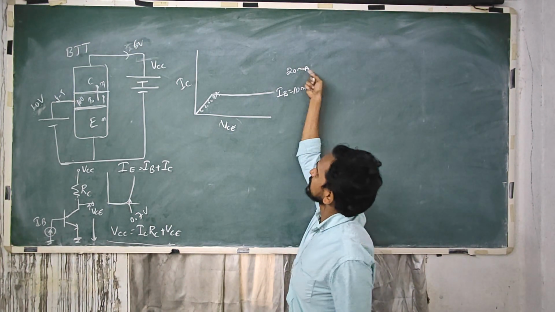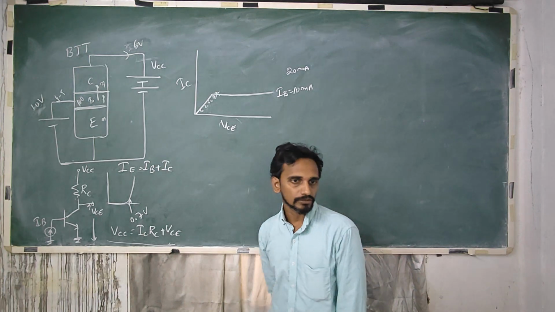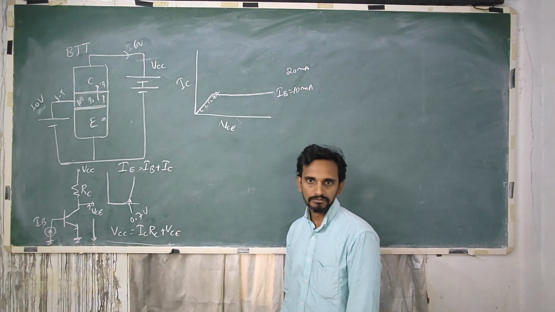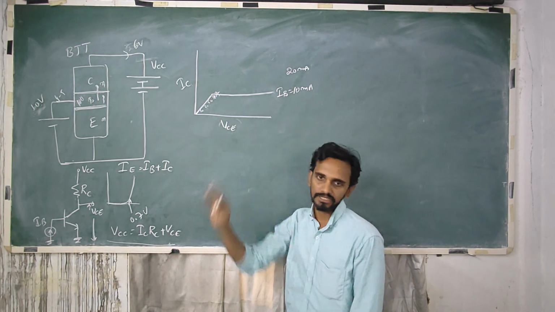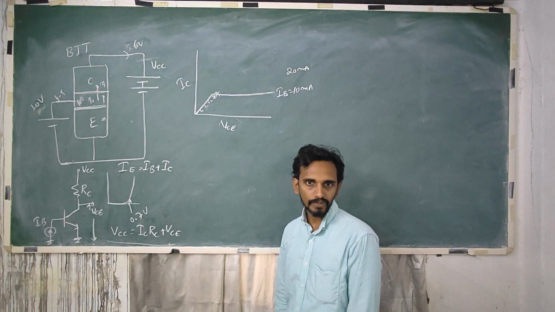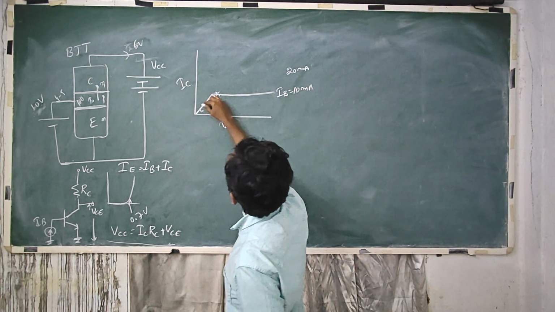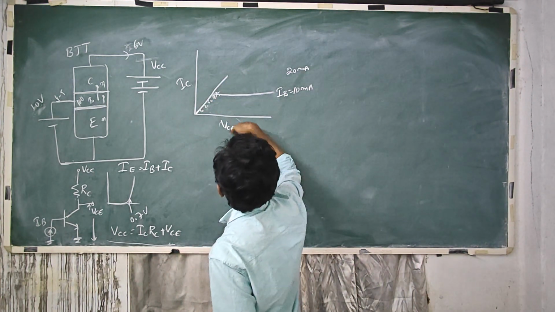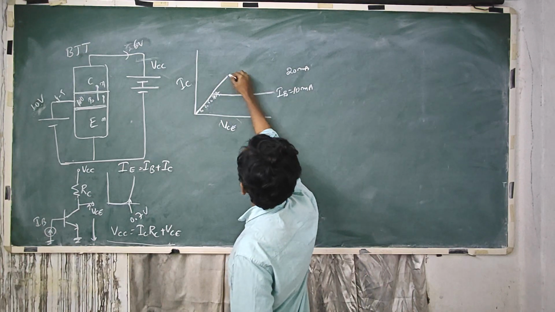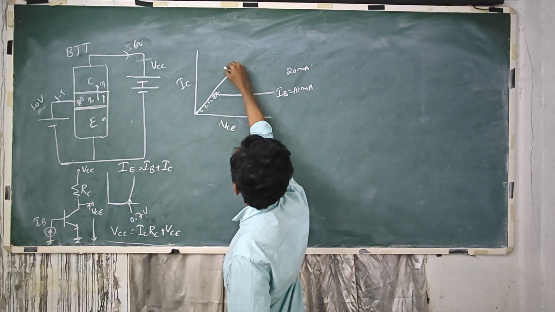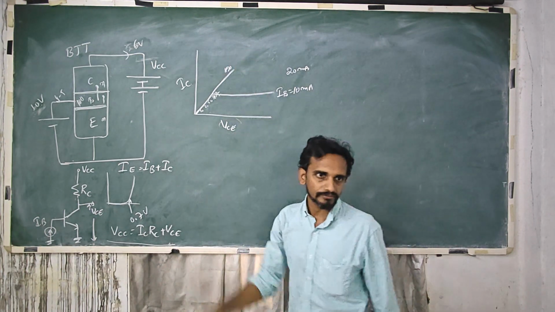Now let's say for 20 milliamperes I got 200 electrons. 200 minus 5 or 10, 190. Okay, so I need to raise the value of VCE beyond this limit to capture all the electrons of 190.